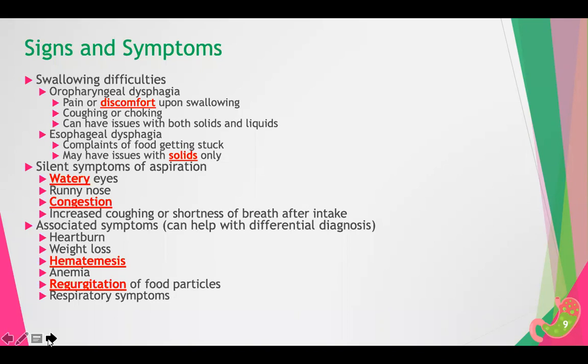Also anemia, regurgitation of food particles, and respiratory symptoms. If individuals are experiencing any of these additional symptoms, further evaluation is warranted because it could indicate something else, like an undiagnosed GI bleed or possibly even esophageal cancer.